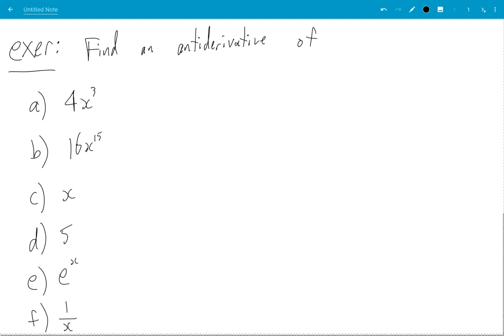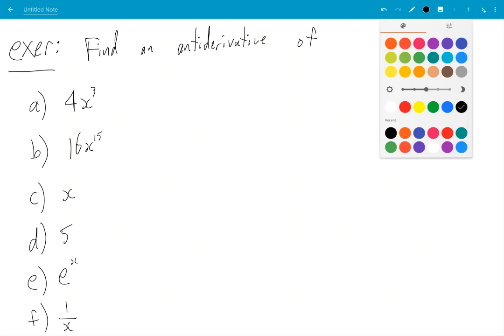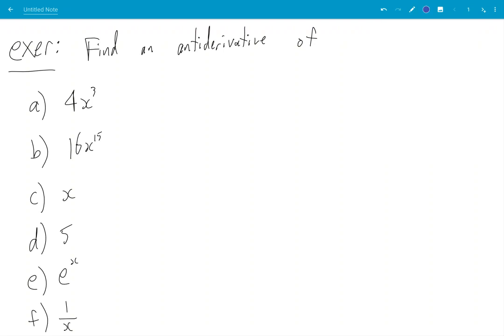So pause the video, copy this down, and give it a try. Okay, copy, copy, copy, pause, pause, pause.